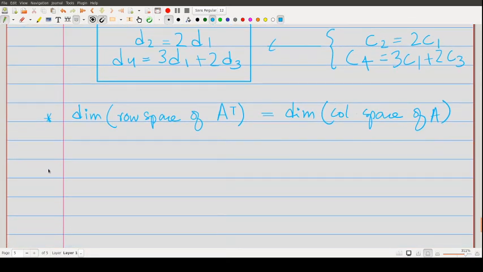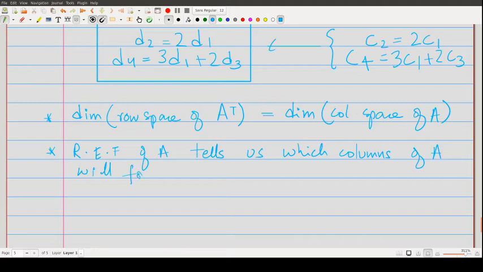And the row echelon form of A tells us which columns of A will form the basis of the column space.